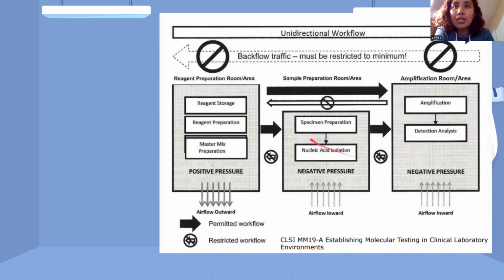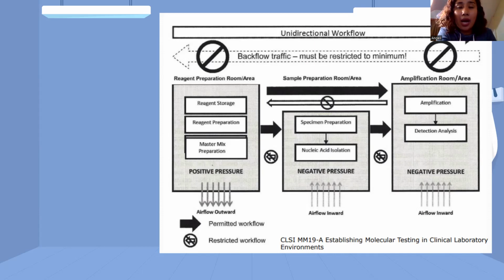So, notice guys, sa specimen prep at saka PCR area, dapat negative ang pressure. When we say the room has a negative pressure, the air stays there, okay? So, the airflow goes inward, paloob. So, negative pressure is good in areas where you want the substances to stay in that area.